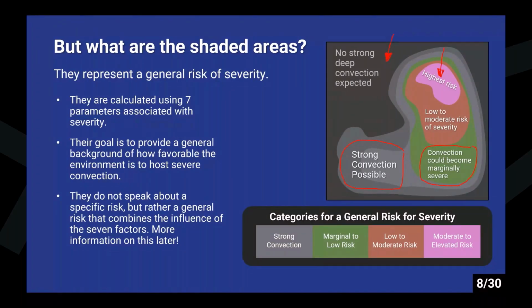So these color shades are background information to help the forecaster gain confidence about a general chance for severity. If you want to define whether you're going to have a chance for, say, waterspouts, tornadoes, or strong winds, then you need to make your own analysis in these locations. So this is just to help the forecaster. It doesn't really provide specific information about severity.